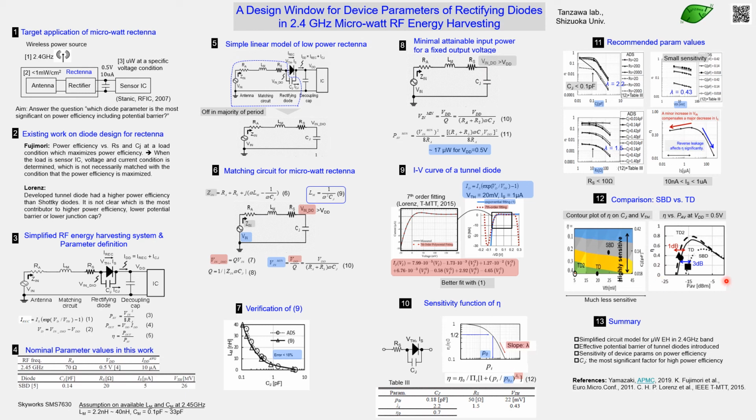This is a graph showing eta versus input power, and this is a Schottky barrier diode. This symbol shows the Schottky barrier diode generating 5 microwatt at VDD of 0.5 volt, and at PAV of minus 15 dBm, your output reaches 5 microwatt.